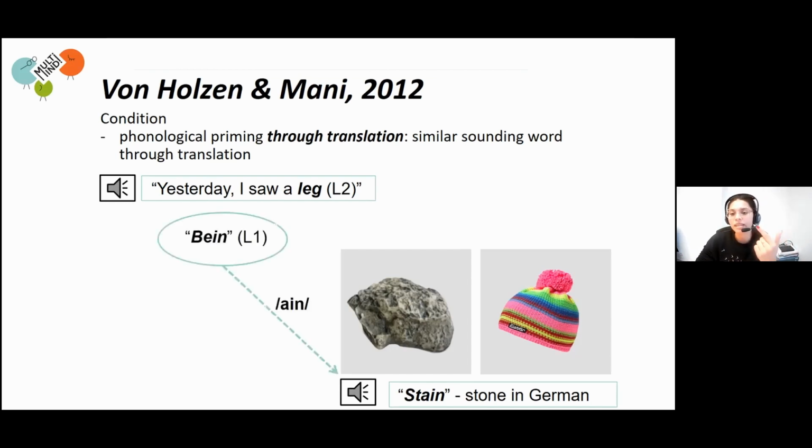Okay, so the idea here is that children, upon hearing the word leg, would implicitly name the translation of this word, which is Bein, and this implicit activation of Bein would affect the recognition of the target, in this case Stein. And this is what they found. But contrary to the phonological priming condition, here recognition was better when previously an unrelated word was presented.